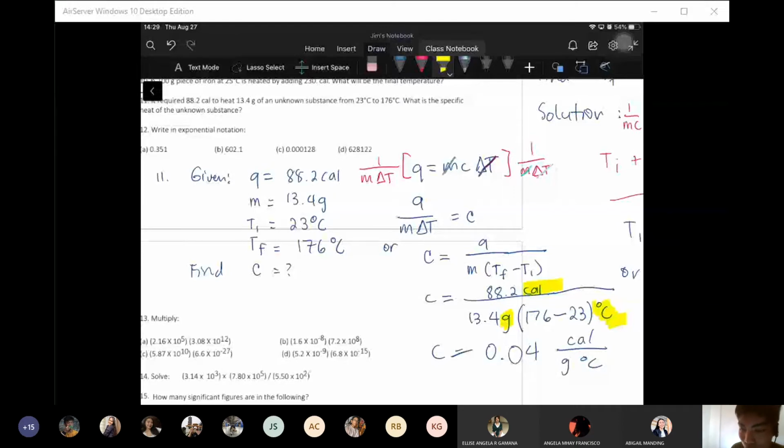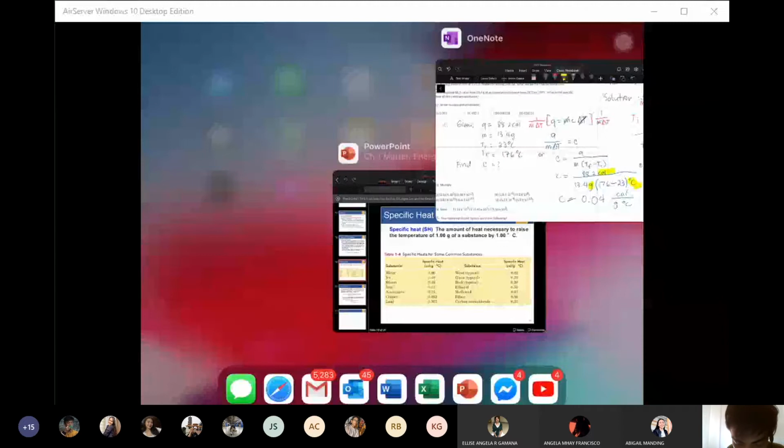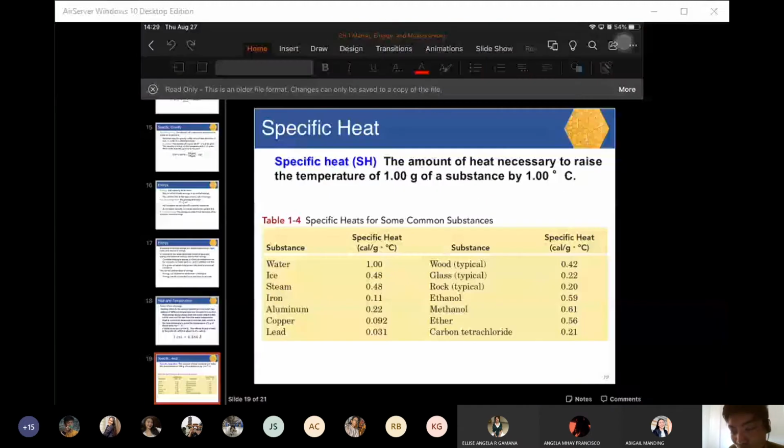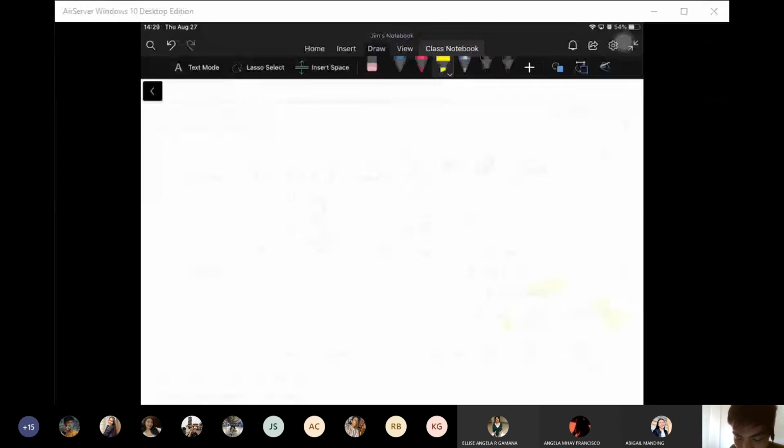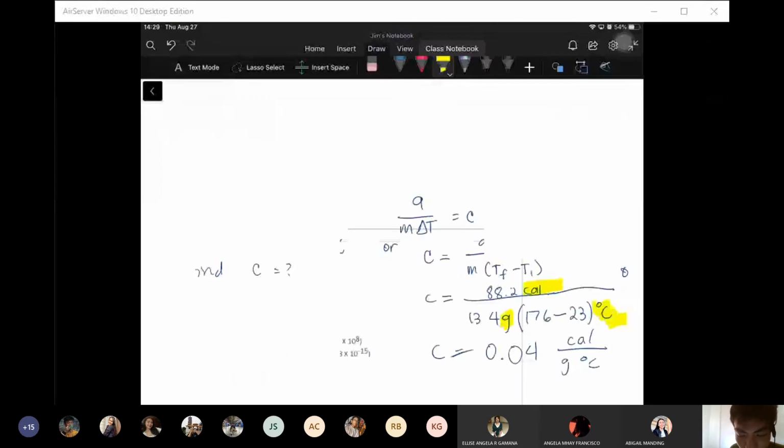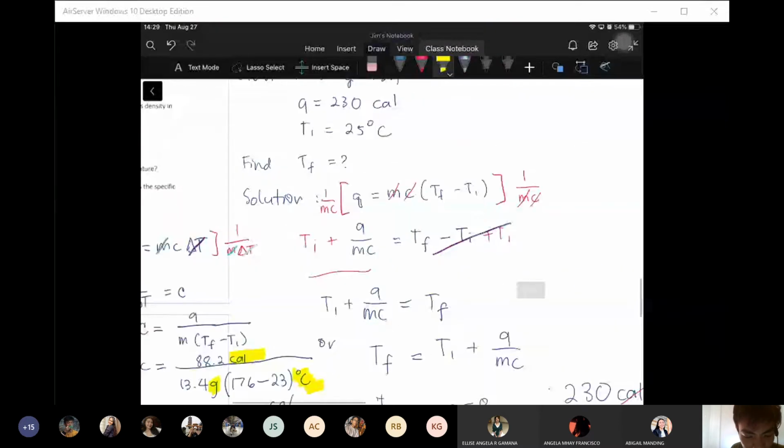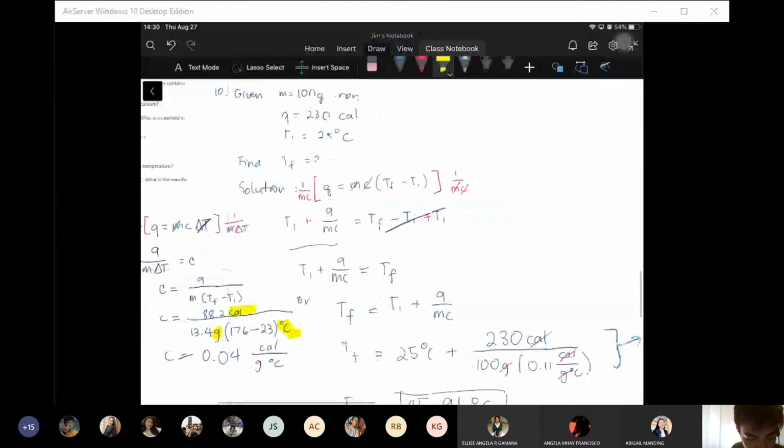So hindi ko alam kung ano yung 0.04 calorie per gram degree Celsius, pero pwede naman tumingin sa table. Tignan natin. 0.04. Wala dito sa table. Lead pinakamalapit. Pwede din yung lead. Sige, screenshot nyo na.